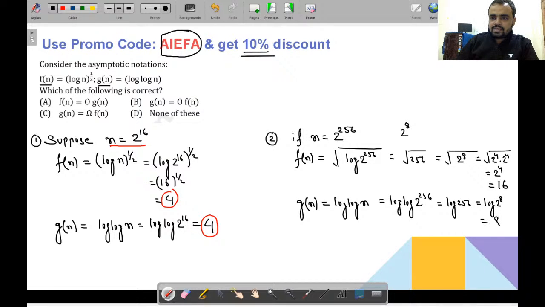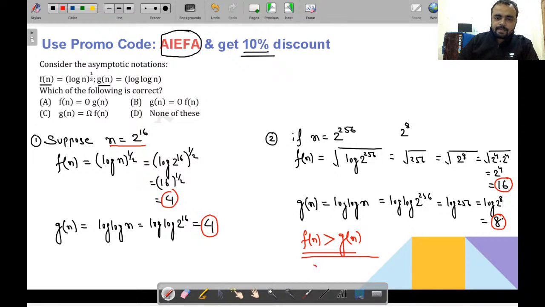So my dear friends, from the first function you are getting the value 16, and from the second function you are getting the value 8. Means the asymptotic notation of the f of n will always be greater than g of n. Yes or no?